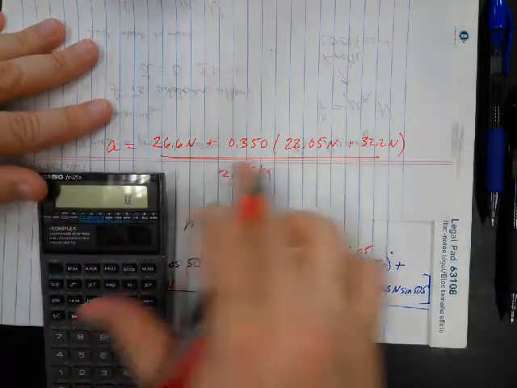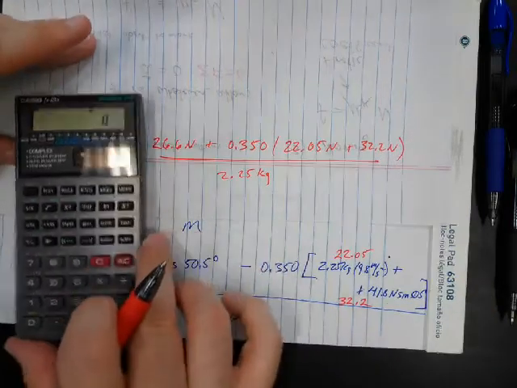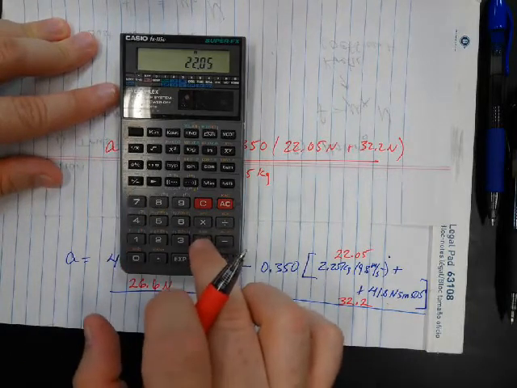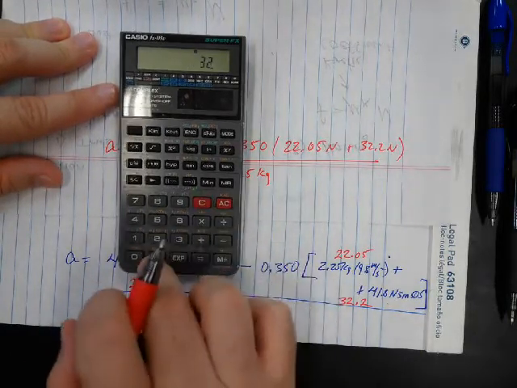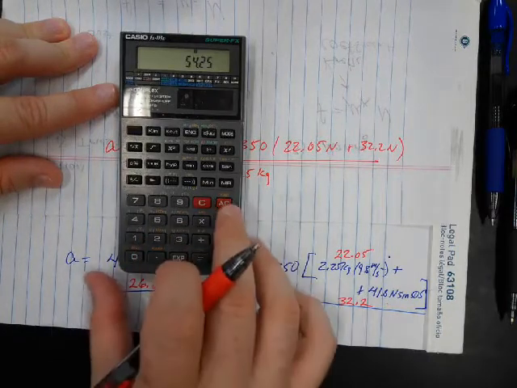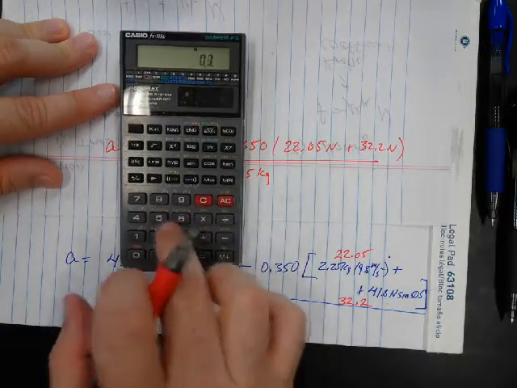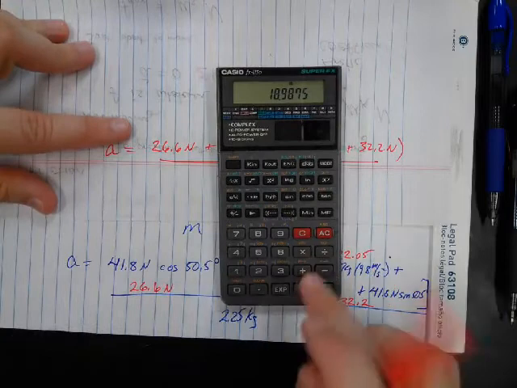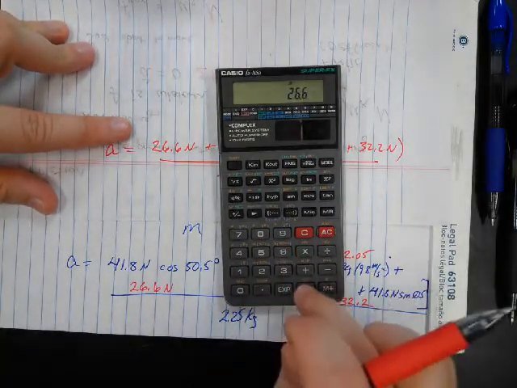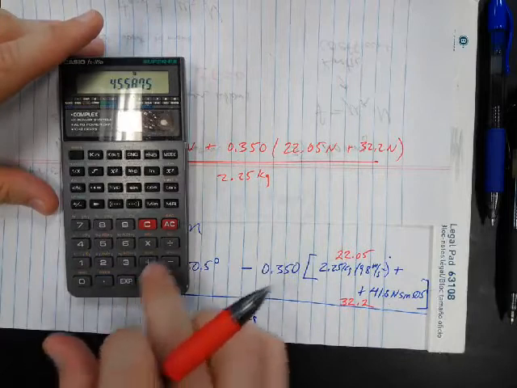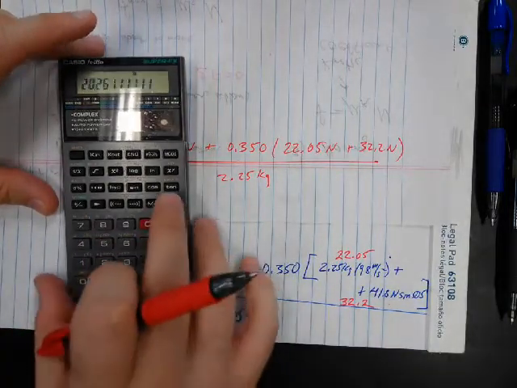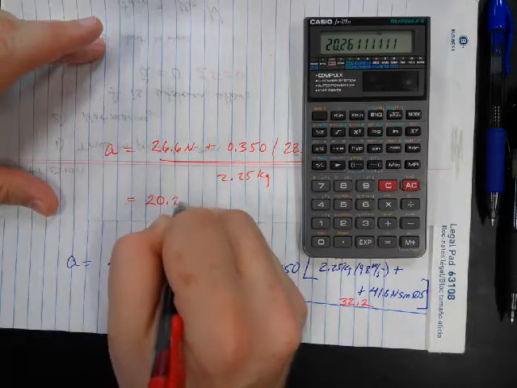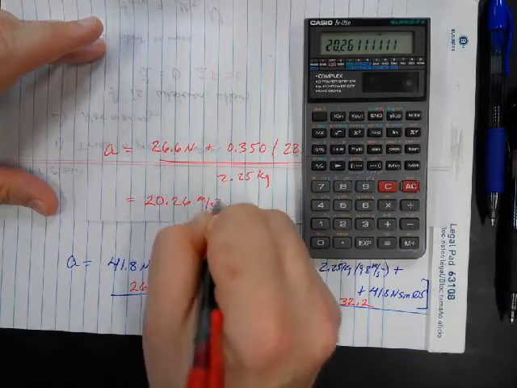And so we just poke this into the calculator and try to figure out what it is. Isn't this riveting video? So this whole thing is 18. We're going to add 26.6, and then we're going to divide by 2.25, and we get the acceleration is 20.26 meters per second squared.